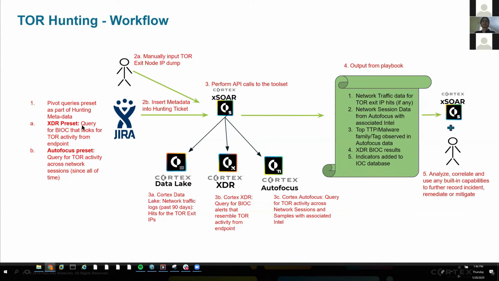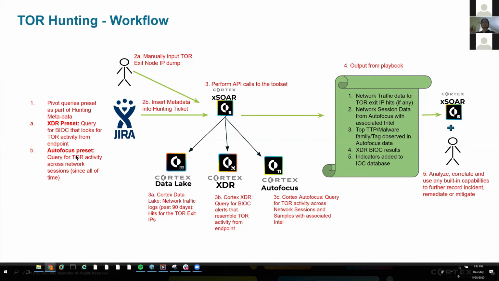Meaning in this case, XDR, AutoFocus, and Cortex Data Lake. So we are going to preset queries for XDR and for AutoFocus. In XDR, which is our EDR platform, as I said, it already has a process attribution component, and that can be saved or preset as a behavioral indicator of compromise, or BIOC, as we call it.